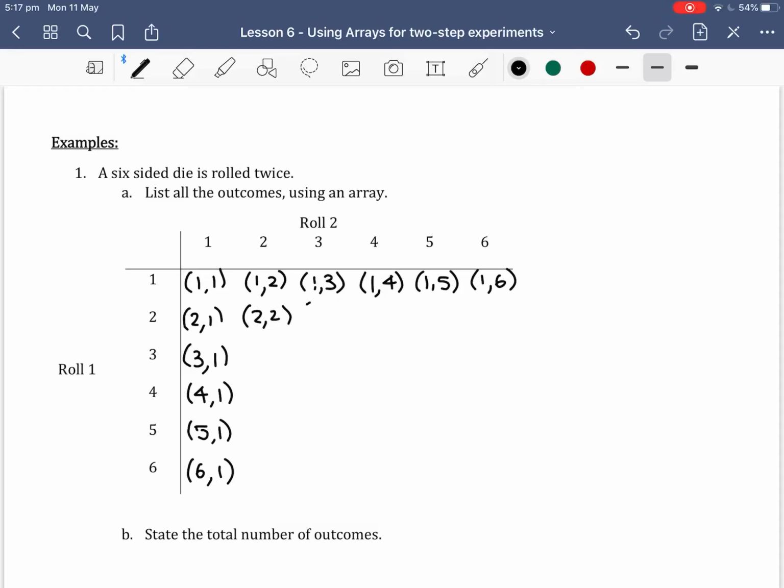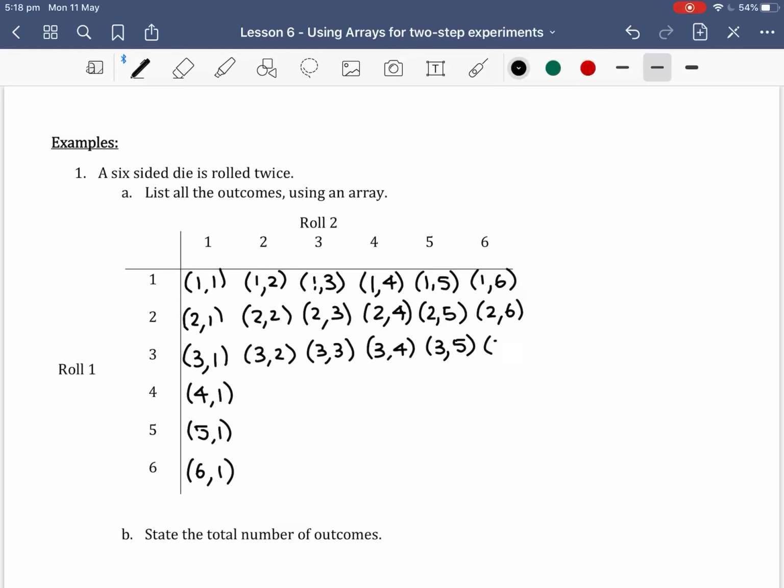Then we have 2, 2, 2, 3, 2, 4, 2, 5, and 2, 6. We have 3, 2, 3, 3, 3, 4, 3, 5, 3, 6. We then have 4, 2, 4, 3, 4, 4, 4, 5, and 4, 6.